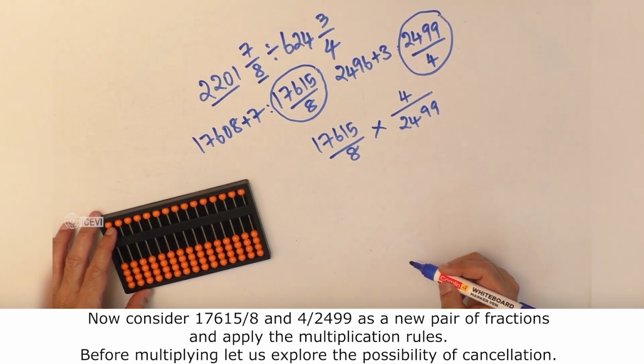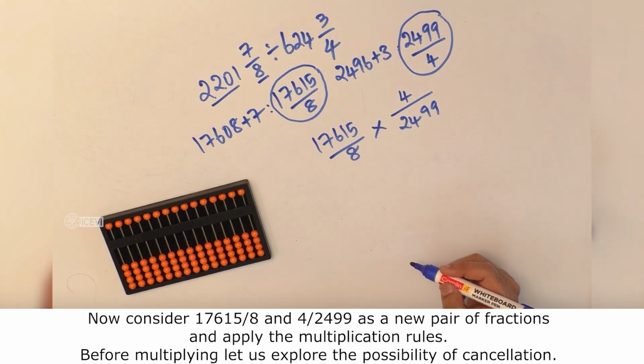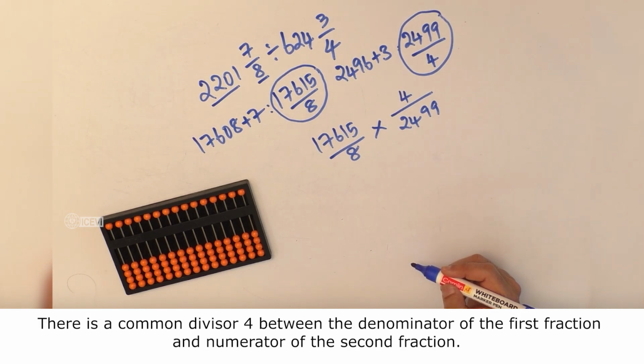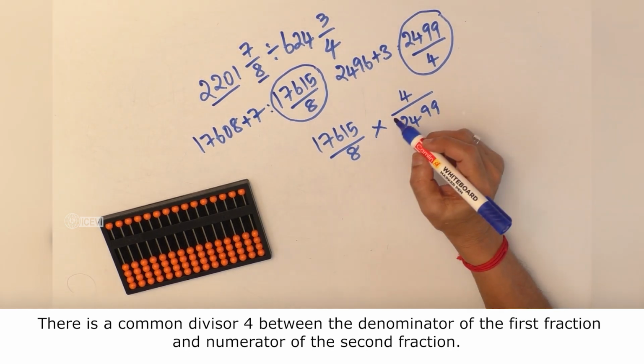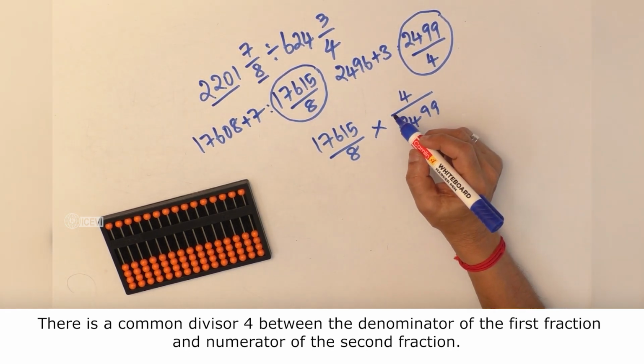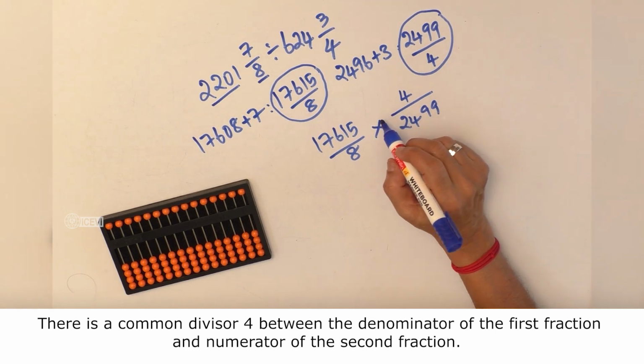Before multiplying, let us explore the possibility of cancellation. There is a common divisor 4 between the denominator of the first fraction and the numerator of the second fraction.